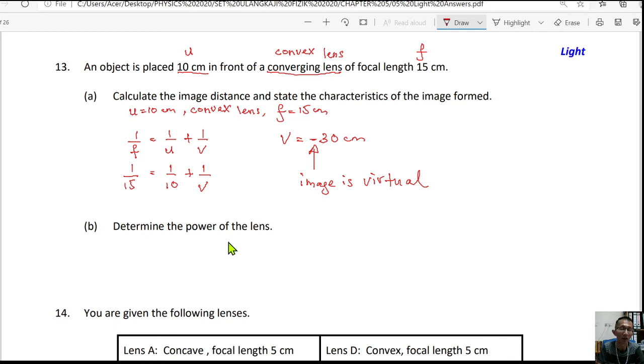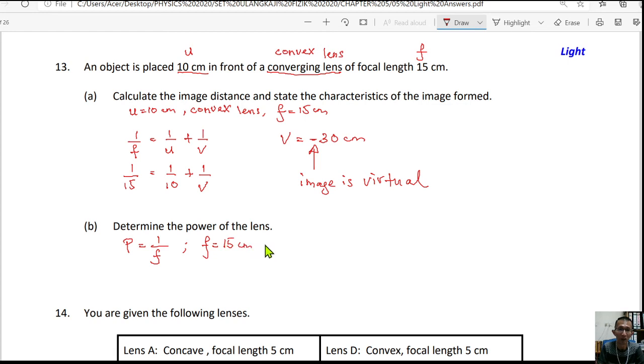Okay, next one. Determine the power of the lens. So how do we find power? Power equals 1 over focal length, but this focal length must be in meter. So do not make the careless mistake of using centimeter in place of meter. F given in the question is 15 centimeter.